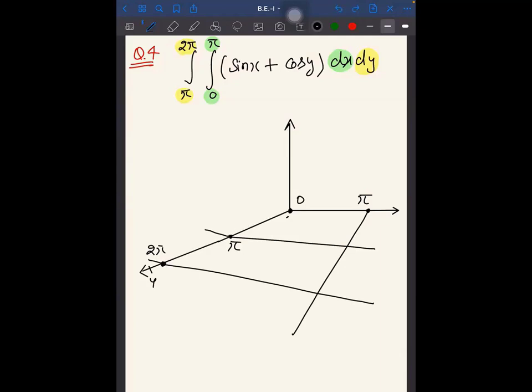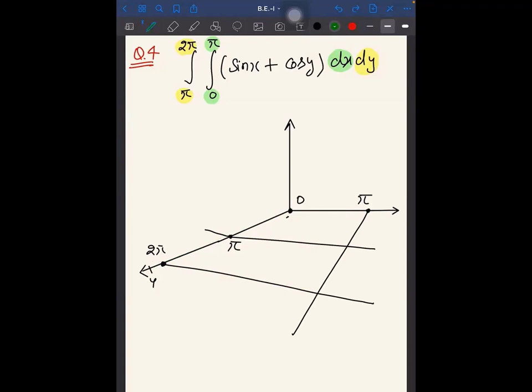So you mark your boundaries. One boundary is x is equal to 0, this one, pi, this one, right? So what should be your rectangle?